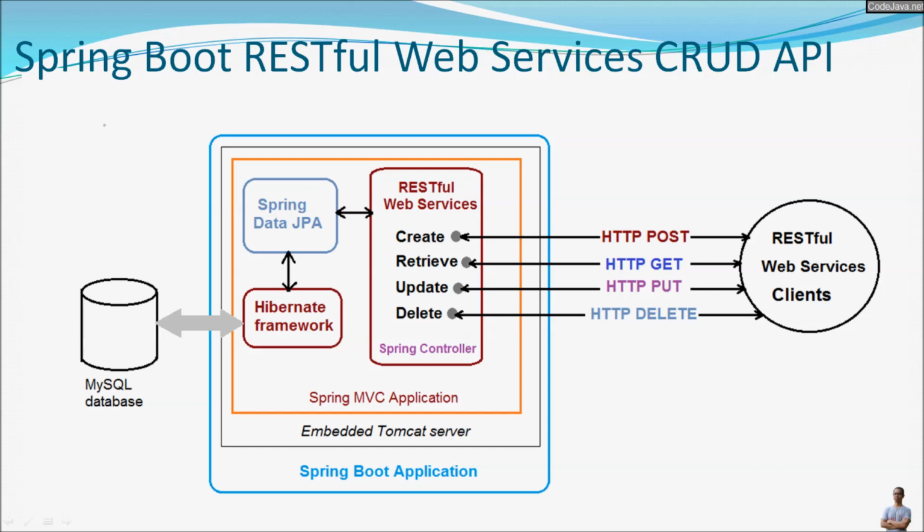Next, let's implement the fourth method in the REST controller class that exposes a RESTful web service API that allows clients to update a resource, to update information of a specific product via the HTTP PUT method here.